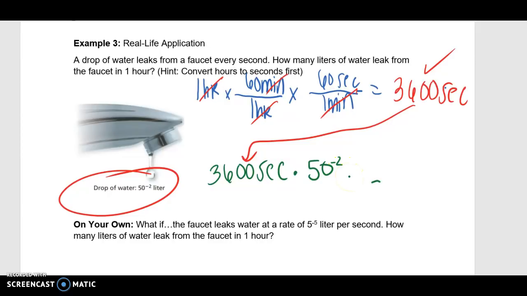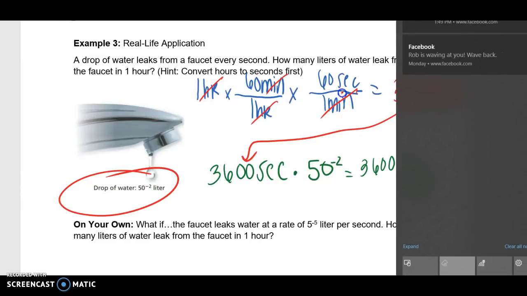In order to multiply this, I'm going to rewrite this. So my negative 2 is below my fraction bar line. I have 3,600 multiplied by 1 over 50 squared.